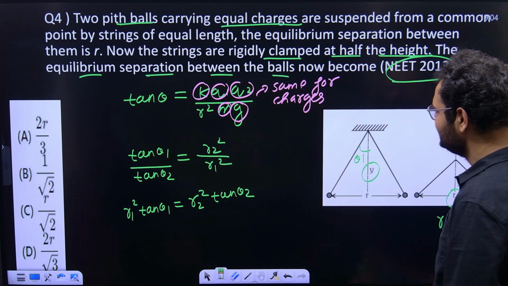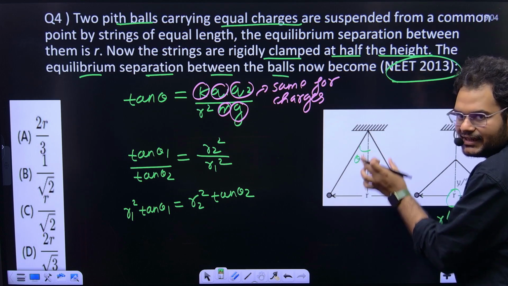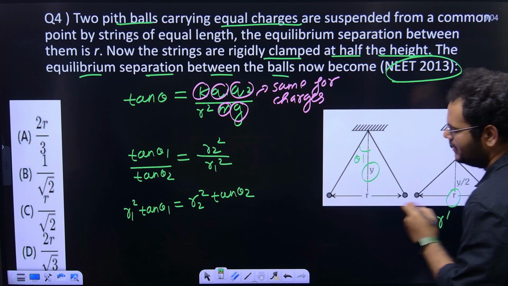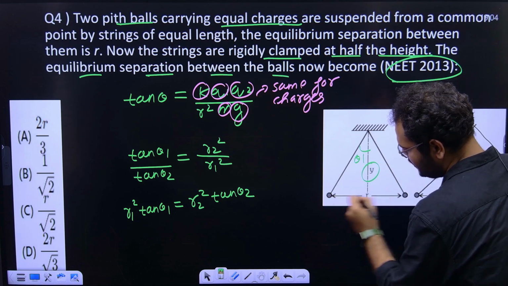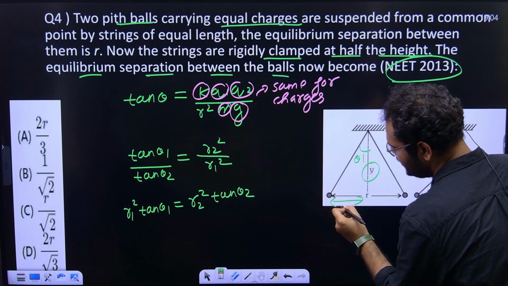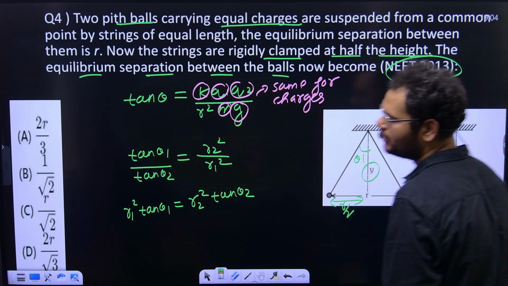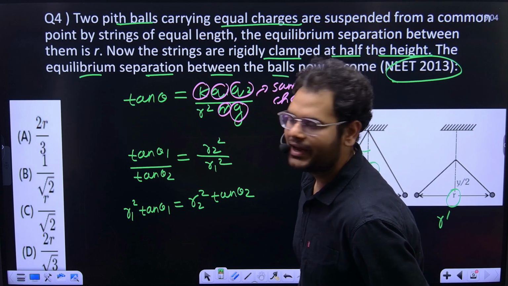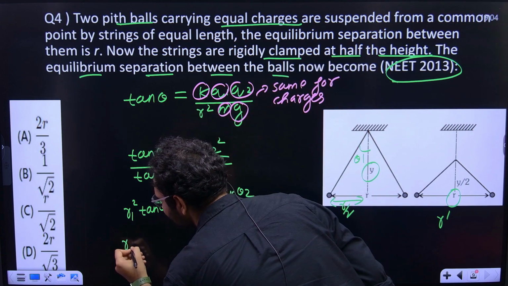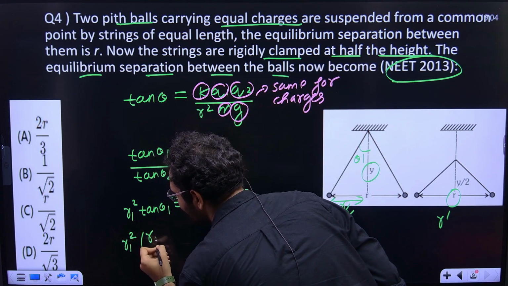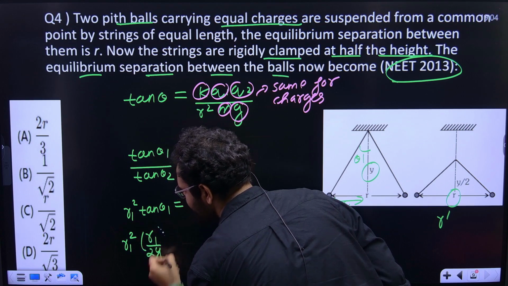Can you tell me from this triangle what is tan theta? Sir, tan theta is height upon base. This is theta, so this is height and this is base. If the complete separation is R, this is R by 2. So height upon base is R by 2y. Let me write R1 square into R1 divided by 2y.